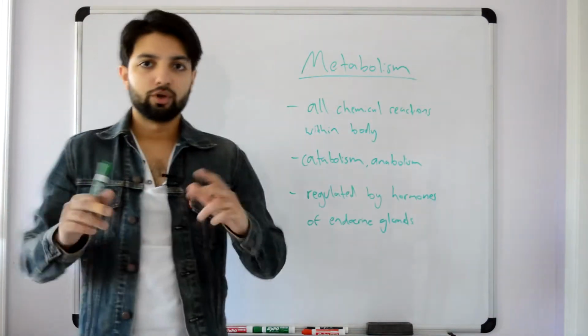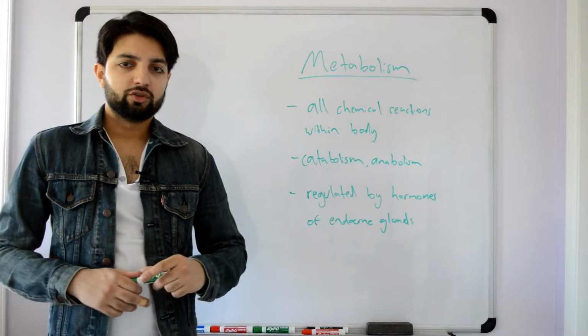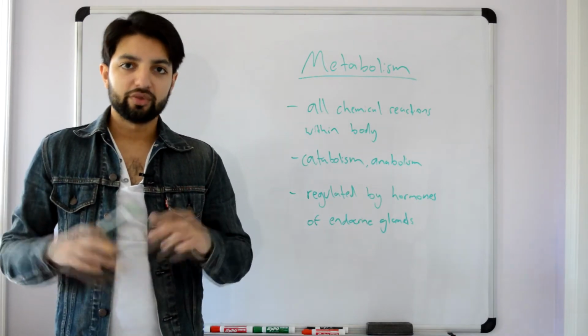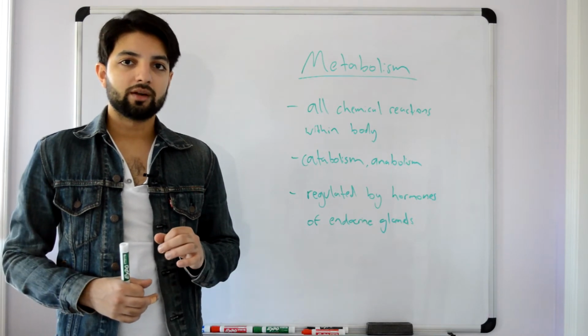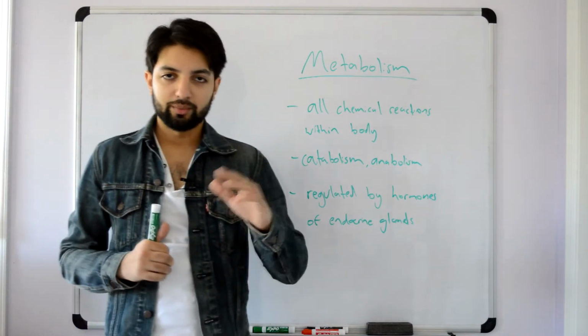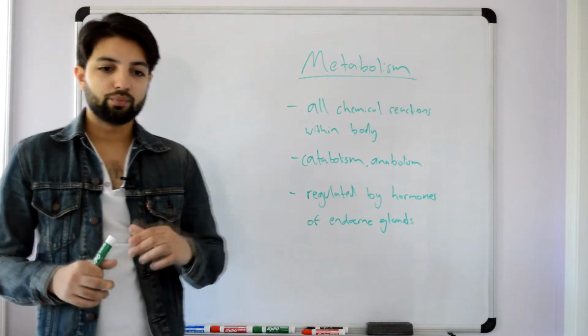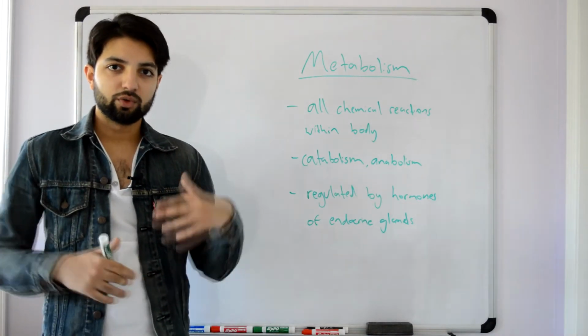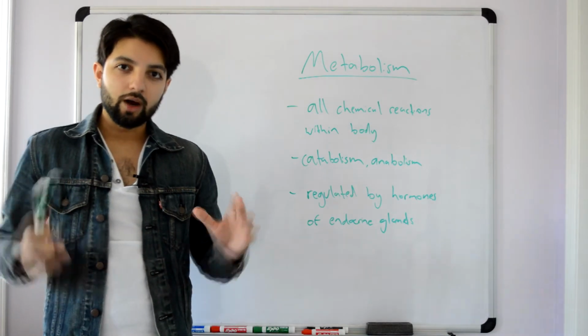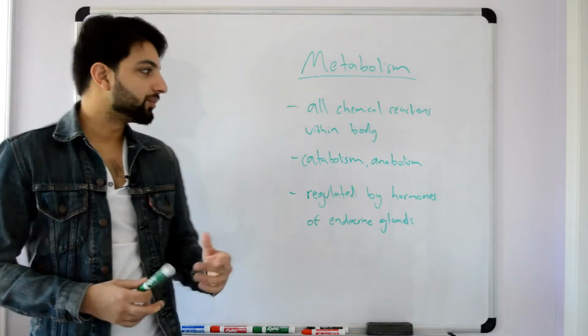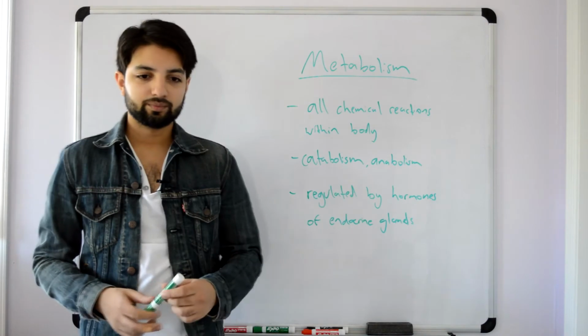Metabolism is a broad term which refers to all chemical reactions that occur within the human body. To be more specific, you have to look at some examples of these reactions. When you break down substances into simpler forms, that's called catabolism. When you build up or synthesize substances, that's called anabolism.